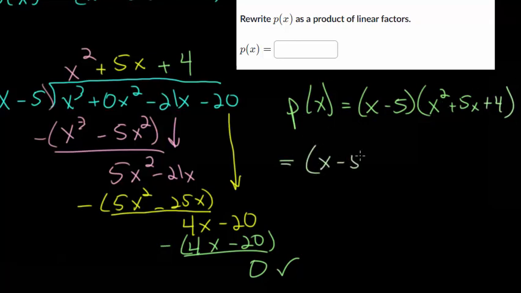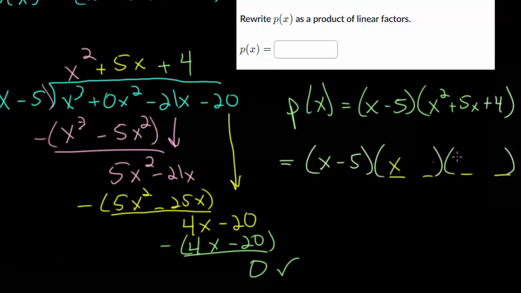We have x minus 5 times two binomials multiplied together. And these two linear factors will give us our quadratic here. So what we need to do is figure out these two missing terms in each of them. And since the coefficient on x squared is 1, we can use the faster method of factoring this. We don't have to use grouping.